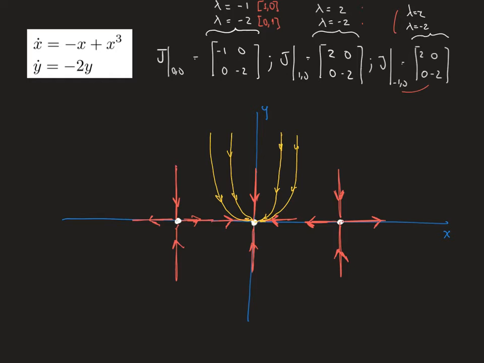Now if we go very close to this one, let me just put this a little bit longer. If we go close, then basically nothing changes. It just goes in this direction and then moves to the right.